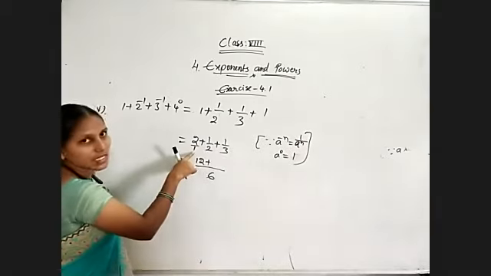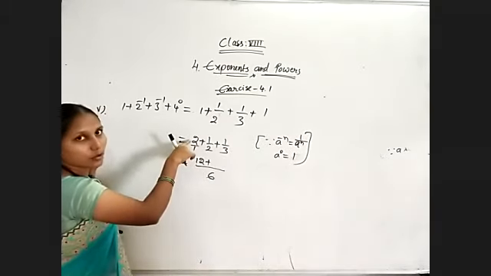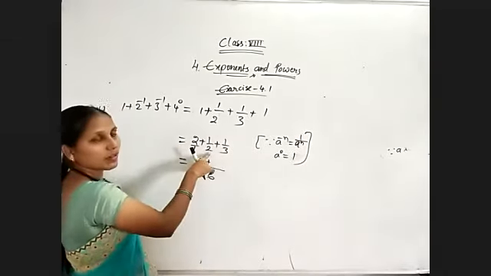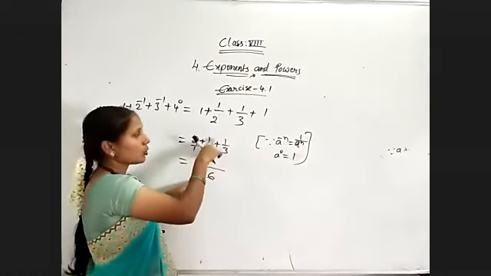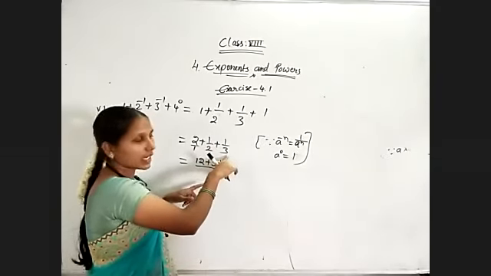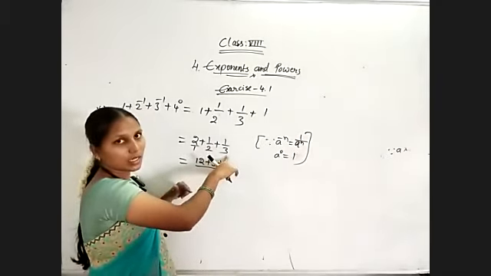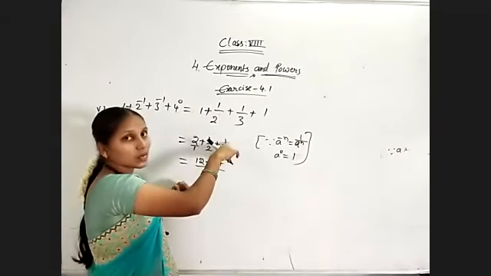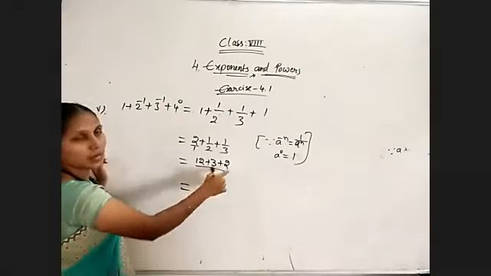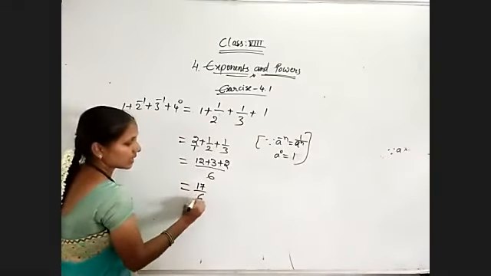Numerator we have 2, so 6 into 2 is 12. And here 2 table, when we are getting 6, 3s are 6. Numerator is 1. 3 1s are 3, plus 3 table, when we are getting 12, 3 2s are 6. And numerator is 1. 2 1s are 2. Which is equal to 15. 15 plus 2, 17 by 6.